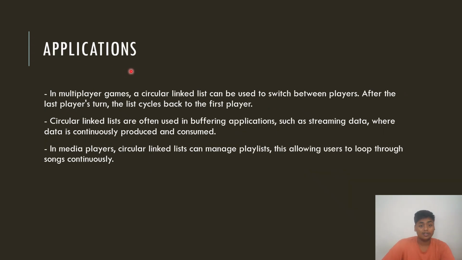Moving on. Some applications of the circular linked list: we have seen in multiplayer games, there are turns for each player. So circular lists can be used in turns to give each player a chance, and it's going to repeat obviously, and the last player who played might get a second chance, third chance.